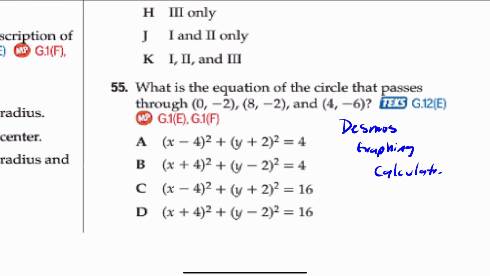Plug in those points, (0, -2), (8, -2), (4, -6), and then look at that graph, and hopefully that will get you started. Just imagine that there's a circle there. What's the radius? What's the center? You should know how the center works. You should know how the radius works. So use that Desmos to help you answer number 55, okay?